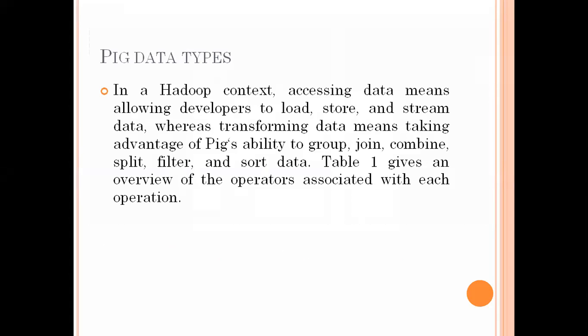In Hadoop context, accessing the data means allowing the developer to load, store, and stream data, whereas transforming data means taking advantage of Pig's ability to group, join, combine, split, filter, and sort data. So what is the meaning of this? What will the developer do with these data types?